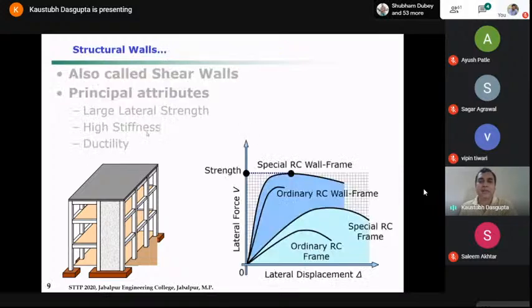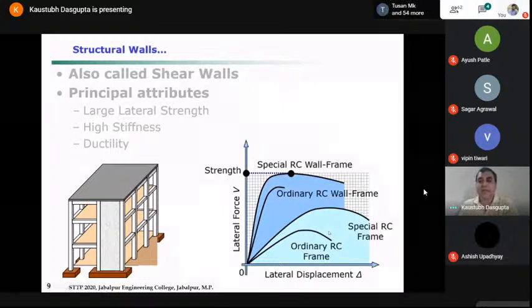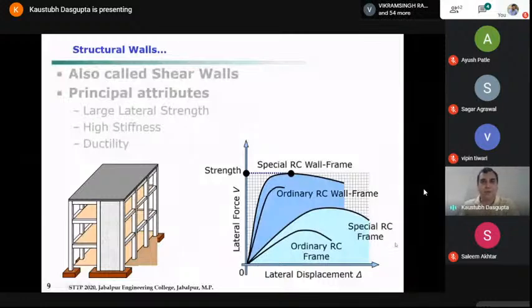Let us look at the lateral force displacement behavior, just a comparison. When you have an ordinary reinforced concrete frame, moment resisting frame, you have a certain stiffness, you have a certain maximum strength, and then deformation. Okay? So there is a limit of its capacity. Then you have the special moment resisting frame, known as SMRF, what we call in IS 1893 part 1, special moment resisting frame.